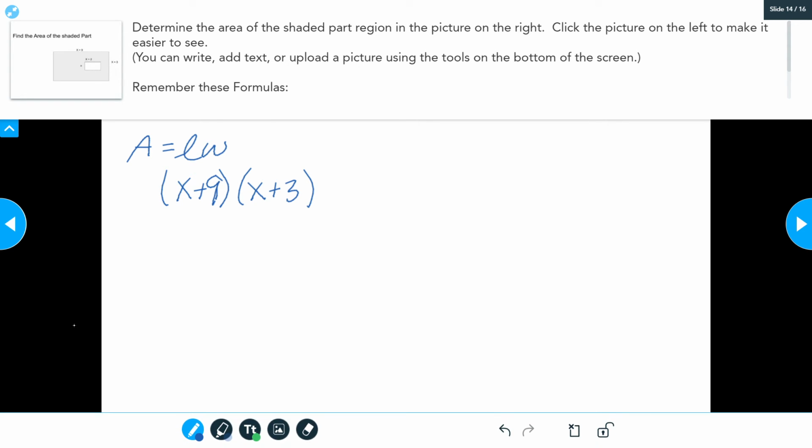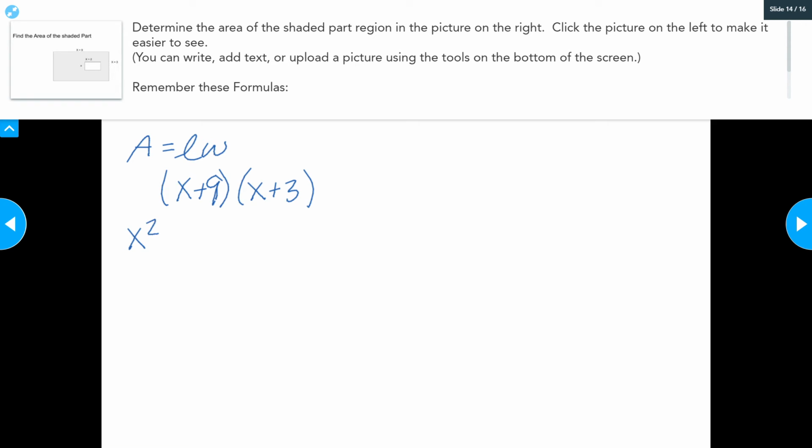And so I'm just going to FOIL this out. So I'm going to get x squared plus 3x plus 9x plus 27. I have like terms right here in the middle. So I have x squared plus 12x plus 27.